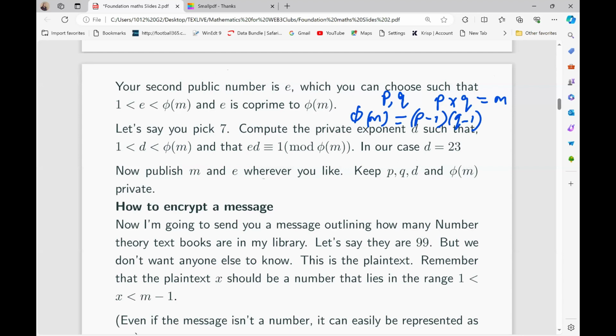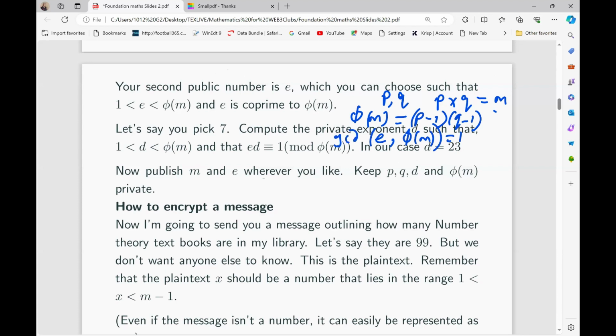This P and Q, keep them a secret. This M, you will announce as a public key. Once you have this phi of M, choose a number E which is relatively prime to phi of M, so that the GCD is 1.